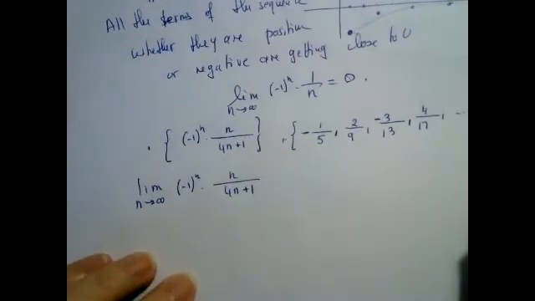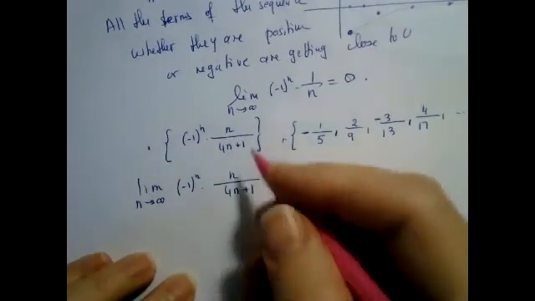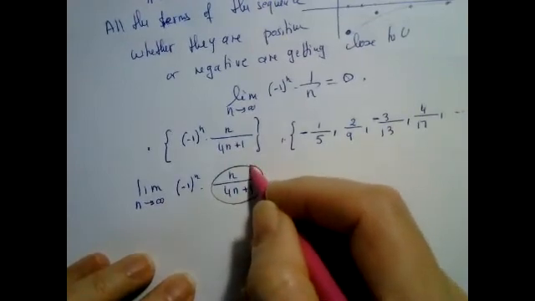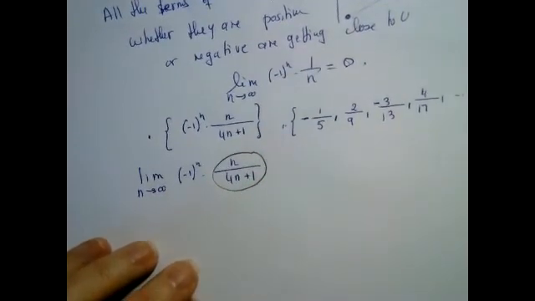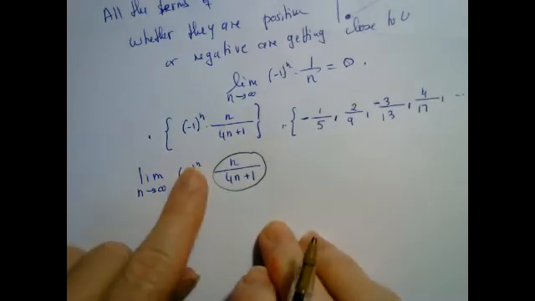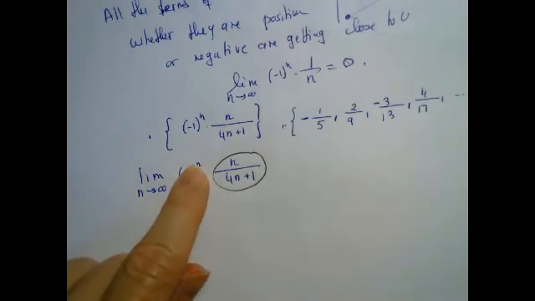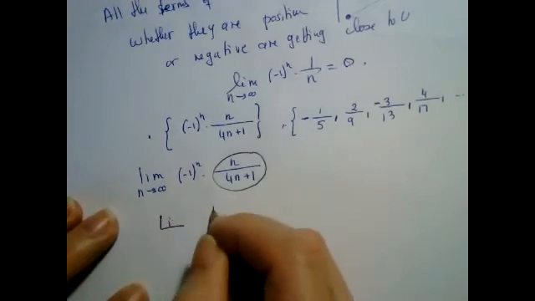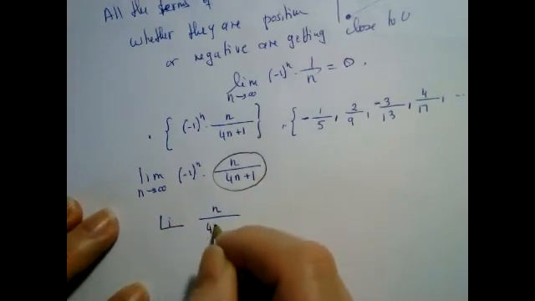No. Let us analyze. Let me focus on this term by itself. All right, you see I'm dropping the (-1)^n. Okay, we're getting better now. Let me focus on n over 4n plus 1.